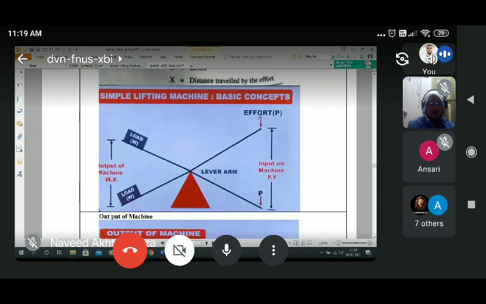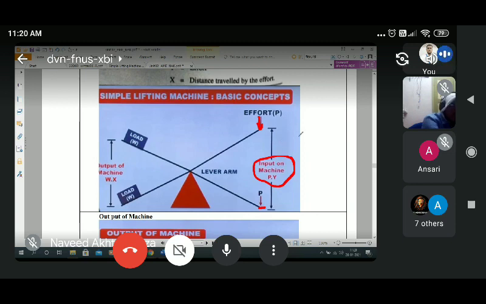This is the effort we are applying downward, and due to the effort applied, the distance traveled by the effort is the input of your machine. The load or pressure applied on the lever to bring it down is called the effort. The distance traveled by the effort is y, and the load needed for that effort is P.